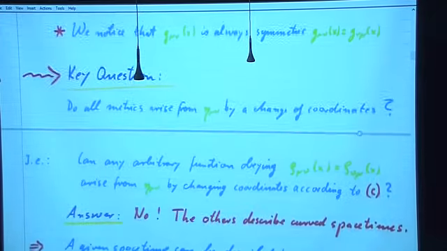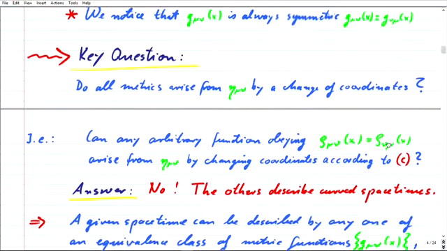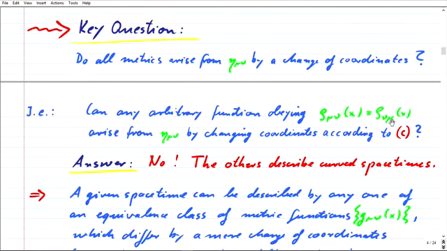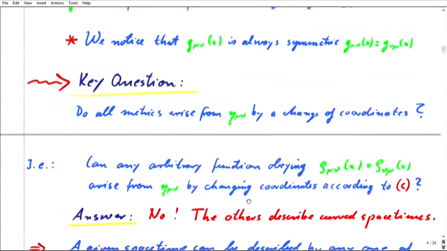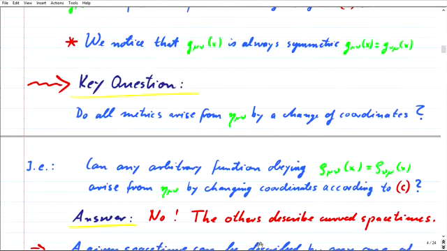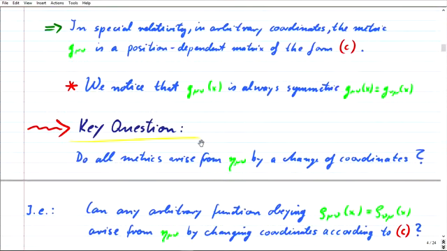This then leads to a key question. Namely, do all the metrics arise from eta mu nu by a change of coordinates? Do all possible matrices G mu nu of x, or complicated matrix-valued functions G mu nu of x, arise in this way from a change of coordinates?